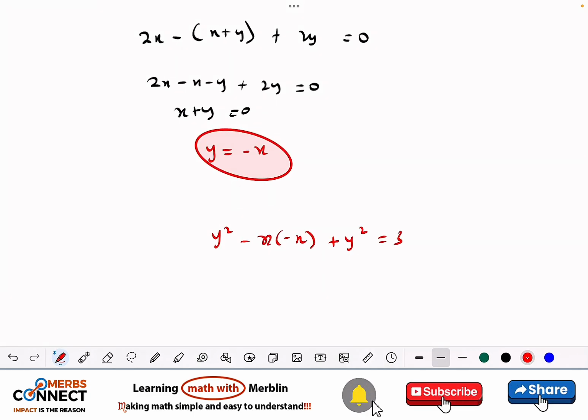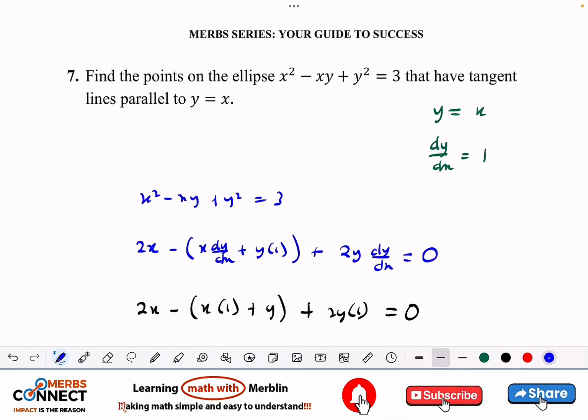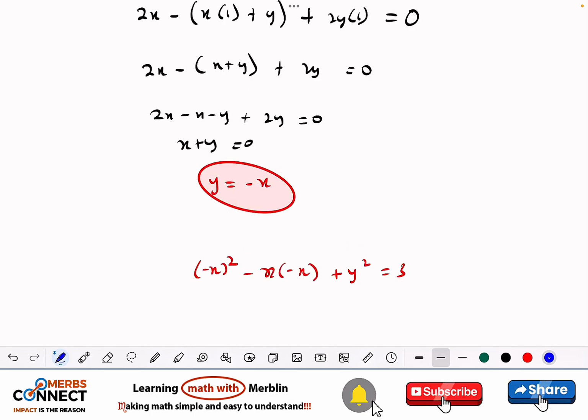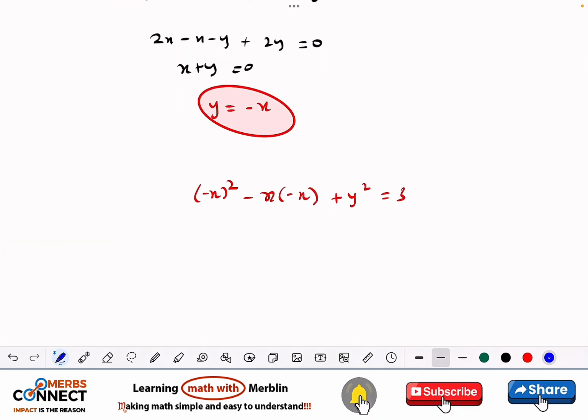I think this one's supposed to be x squared, so this will be minus x squared, and this one rather should be minus x squared. Good, it's equal to 3.